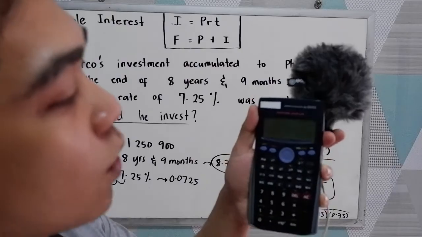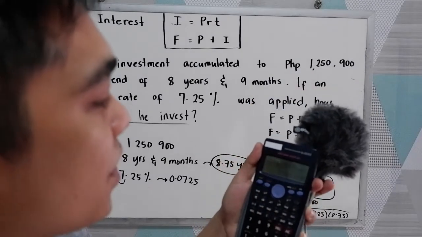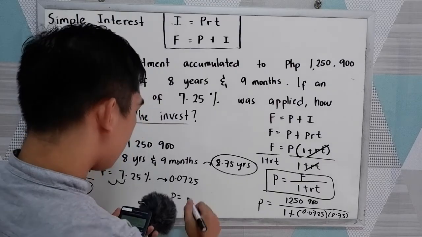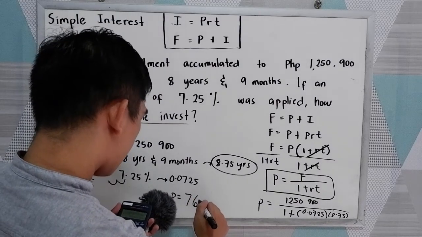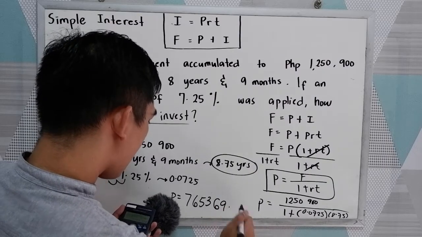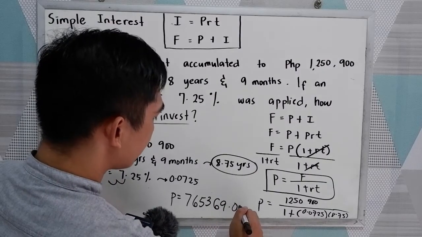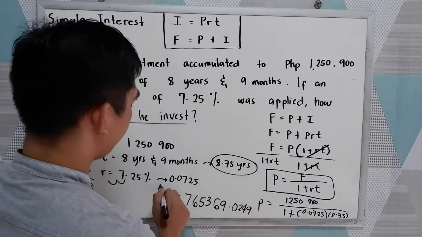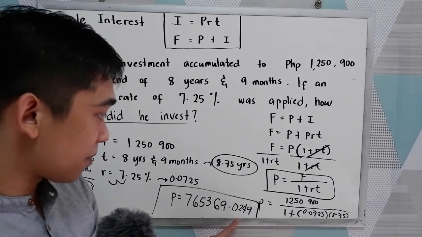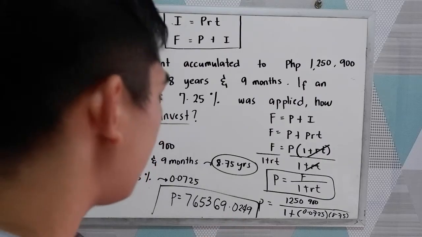Press equal sign. The principal is 765,369.0249. Or if you want to use two decimal places, that is 765,369.02.